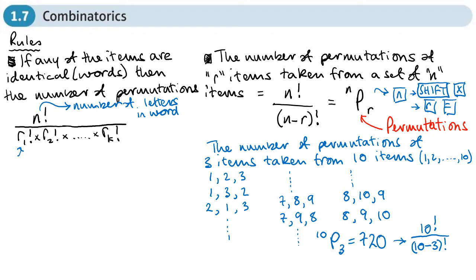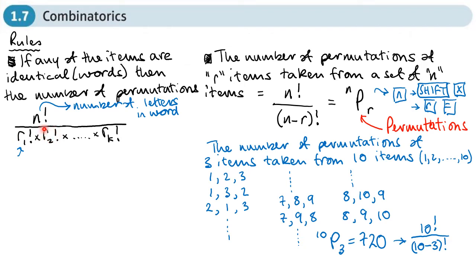But each r represents the number of repetitions of a single letter. So let's say we had a word that had 2 E's in it, we would put 2 factorial in here. So if just one letter appeared twice, then we'd put 2 factorial, we don't need the rest. But let's say in the same word, the letter C occurred 3 times.